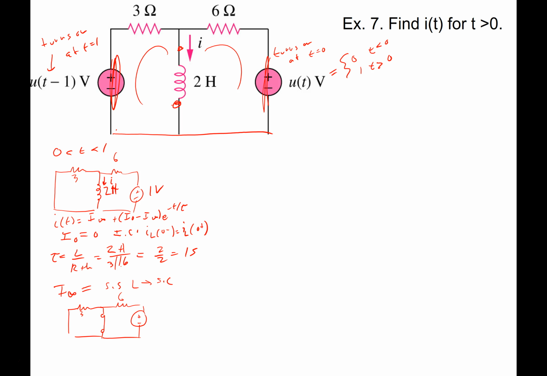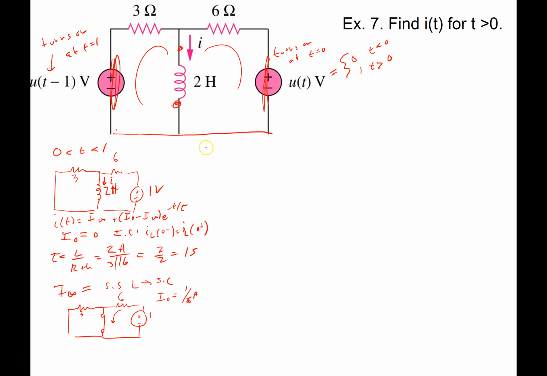So the current going through here is just going to be 1 volt over 6, right? 1/6 amps.